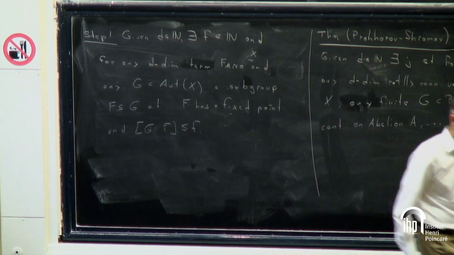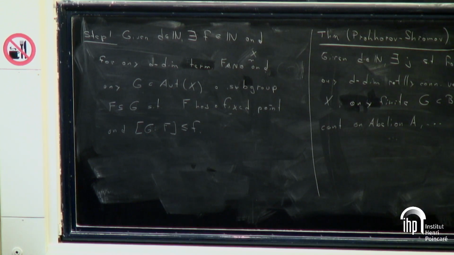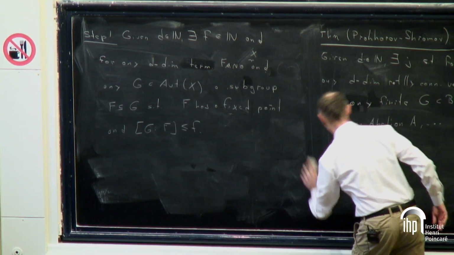So I find fixed points after passing to subgroups of bounded index. So for all practical purposes, this is as good as saying that G has a fixed point.